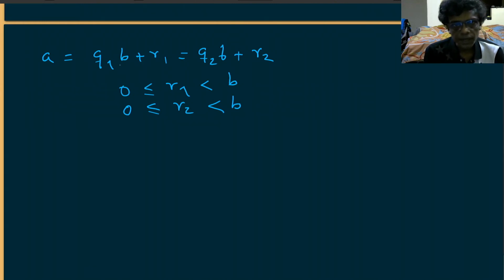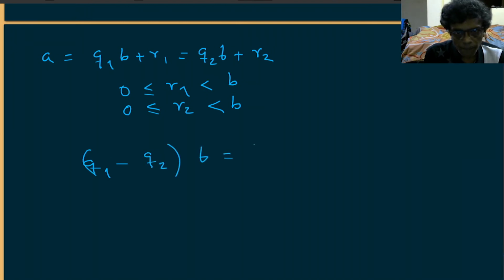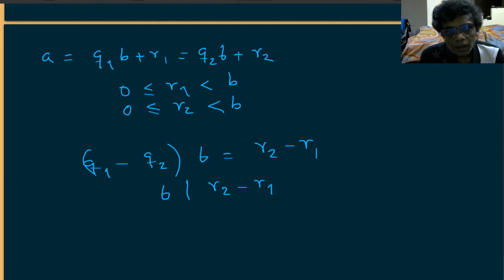But then if I subtract these, I get (Q1 minus Q2) times B equals R2 minus R1. So in particular this says that B divides R2 minus R1. But R1 is less than B, R2 is less than B and both are non-negative.